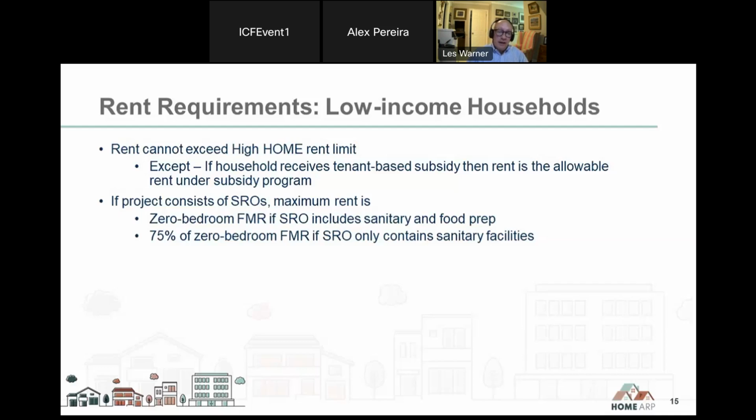Then we're going to be looking at the fair market rent for 0-bedroom units, and depending on whether they have both sanitary and food prep, charging that full amount as our maximum, or using only 75% if we don't have both food and sanitary.